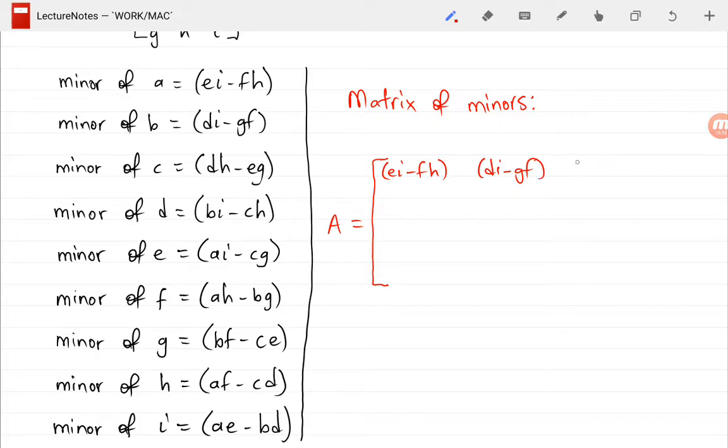And C is going to be DH minus EG. I have to write it with brackets so that it doesn't get confusing, so you can follow what I've been doing. And here is where we had D, and it's going to be BI minus CH.